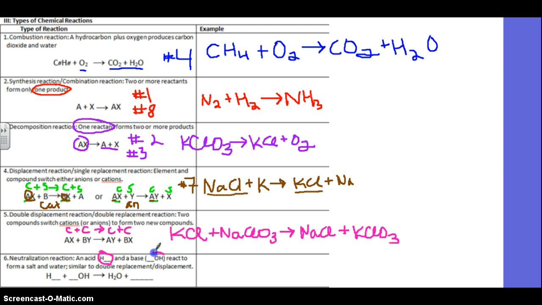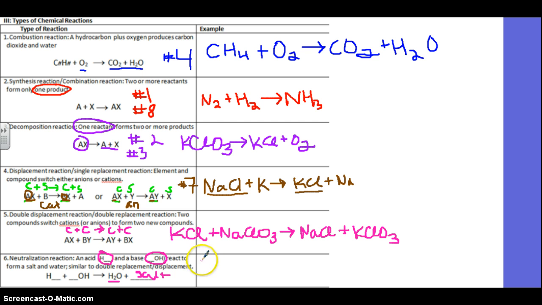And a base, usually seen as something with hydroxide in it, OH. Specifically in the reactants, you're going to see those two compounds, one that begins with hydrogen and one that has hydroxide in it. Then in the products, you will definitely see water and then a salt. And we tend to think of salts as just NaCl, but there's more than just NaCl as a salt.